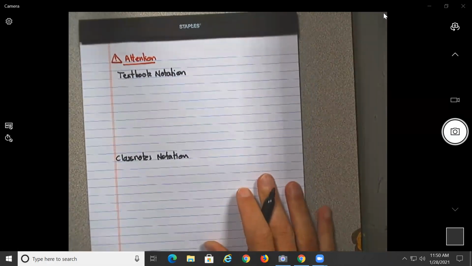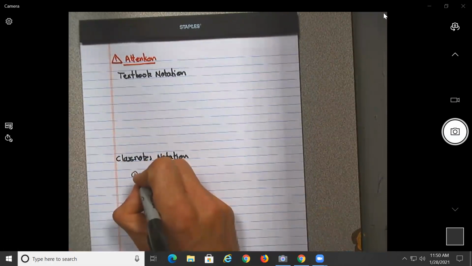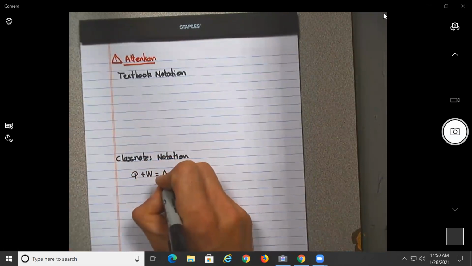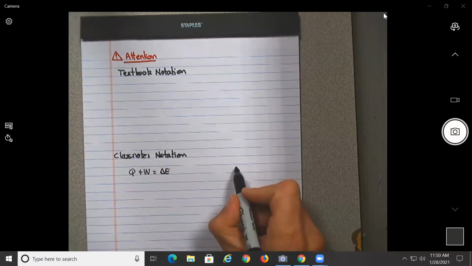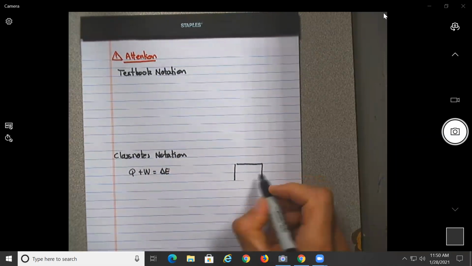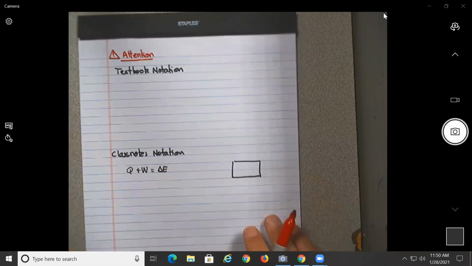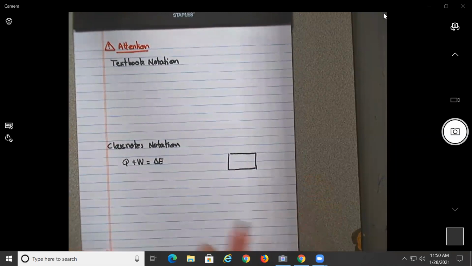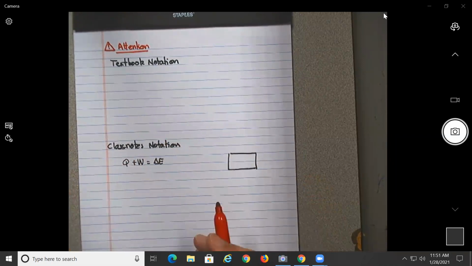Maybe I should have reversed this too. Basically, what is the equation we're going to use over here? Change in energy. So basically, on the class notes notation that I use, I mean, it's not that I use, it's the correct derivation. What happened is that they change it because it's a little bit easier to understand something that comes out later.